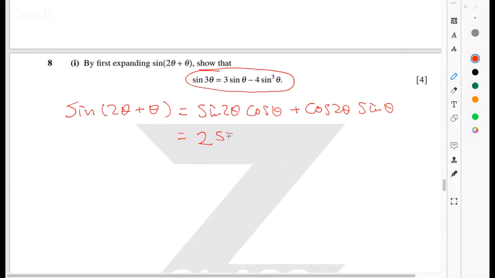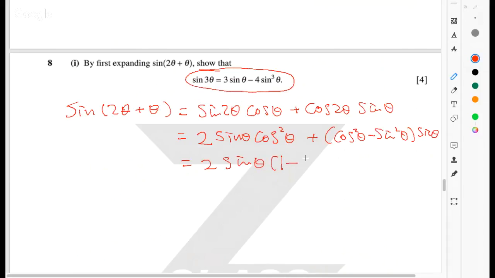So 2 sine theta cos squared theta plus cos squared theta minus sine squared theta, times sine theta. And that will be 2 sine theta times 1 minus sine squared theta plus... Actually, I should have expanded this in sine only, but it's not a big deal.